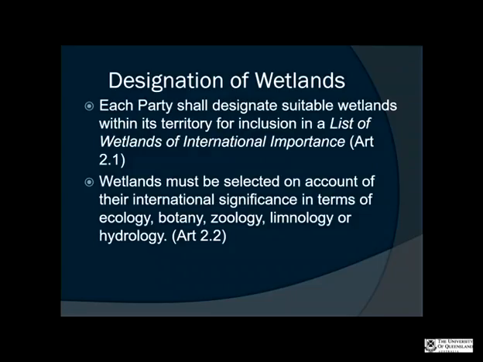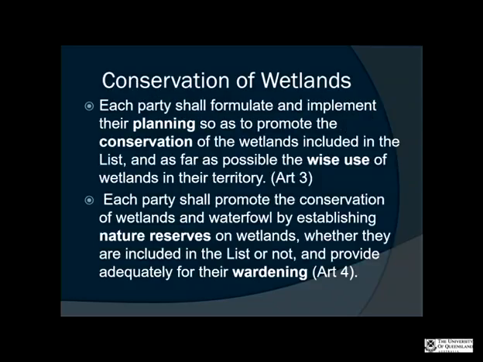And those wetlands will be selected in terms of their ecology, botany, zoology, limnology or hydrology, and so on. They also have to put in place planning and approval processes to promote the conservation of the wetlands that are included in the list, and as far as possible the wise use of the wetlands in their territory.